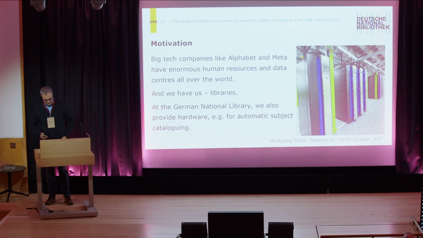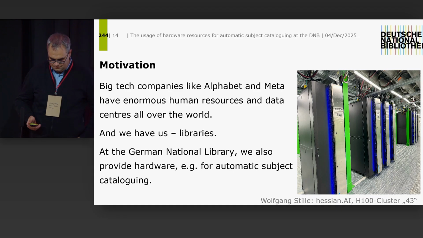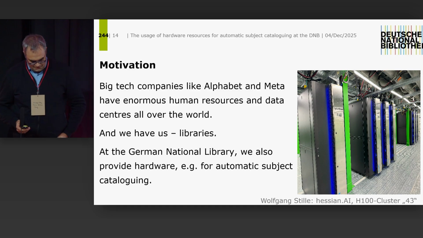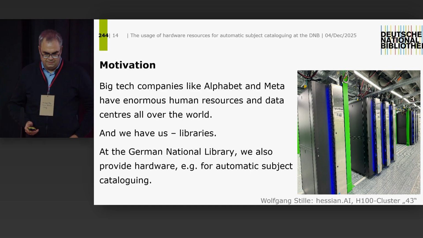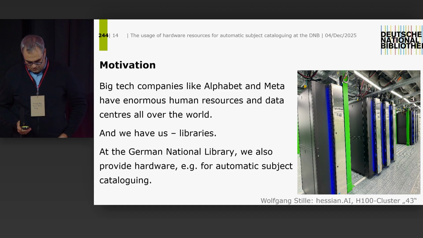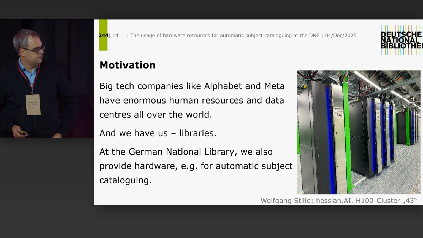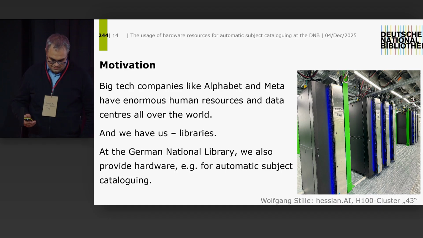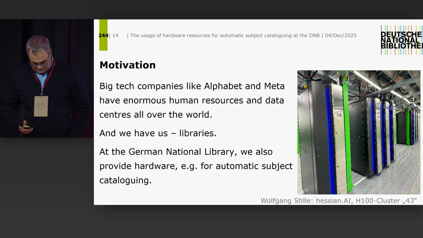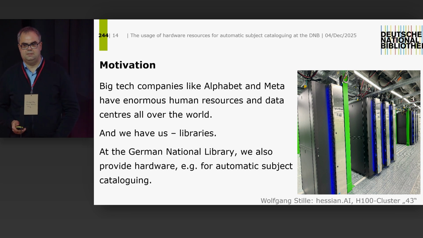We have two locations, one in Frankfurt and one in Leipzig as well. I'm from the Leipzig part of the library. The legitimation of our work is the law regarding the German National Library, so we collect all texts, images and sound recordings published in Germany or in the German language, translated from German or relating to Germany that have been issued since 1913.